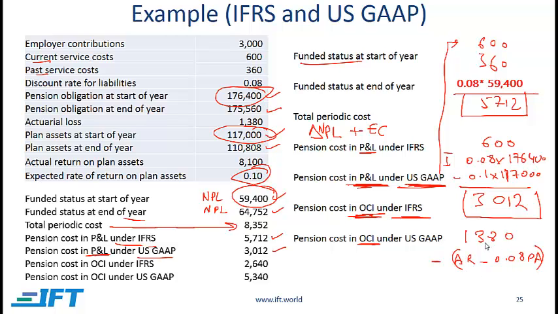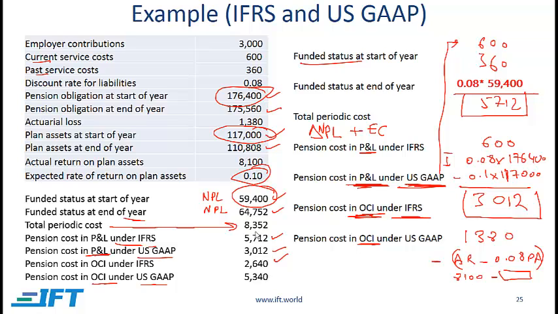So the actuarial loss is 1,380 minus the actual return, which is 8,100, minus 0.08 times the plan assets at the start of the year, 117,000. So when we do this calculation, we should get 2,640.